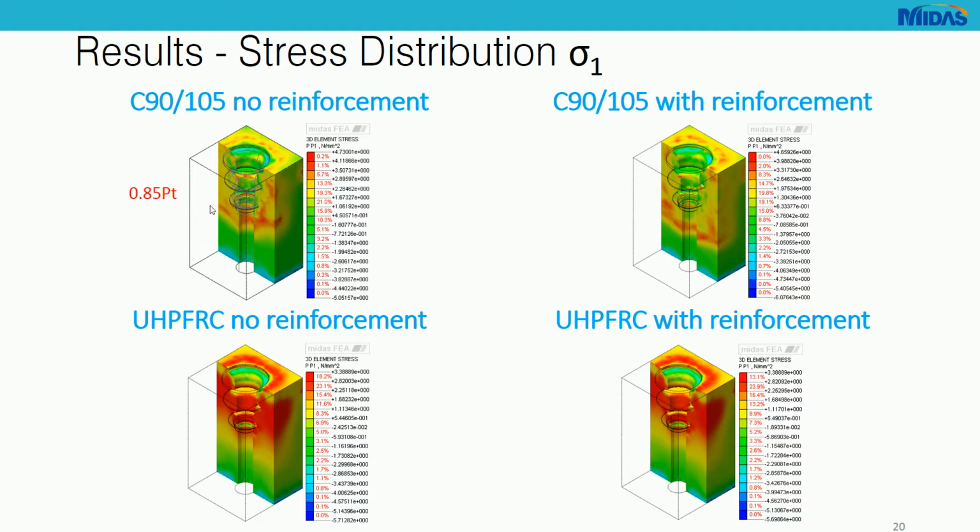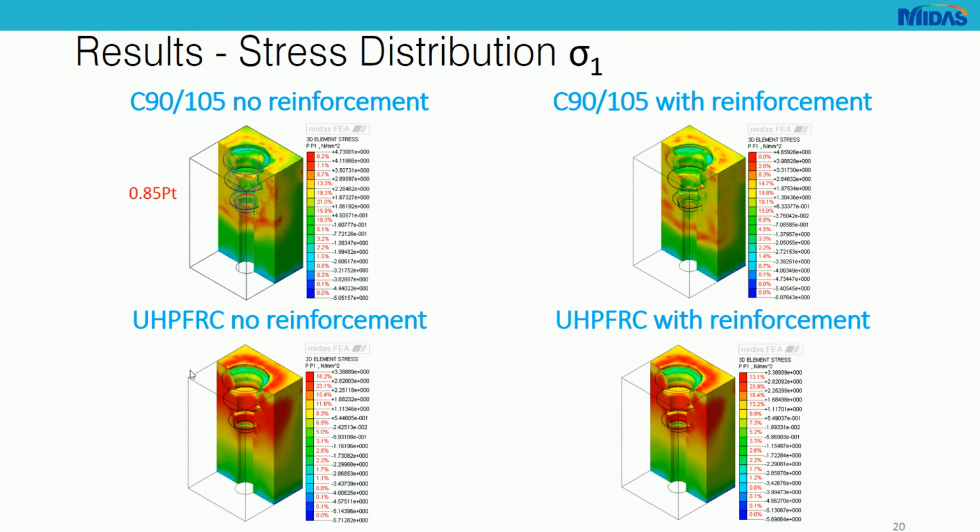We can see that the stress distribution, when we have only 85% of the load in the model without the reinforcement in the plain concrete, is very similar to the stress distribution in the model with reinforcement. We can see that we have peaks around the concrete, or around the trumpet, and in parts of the model.